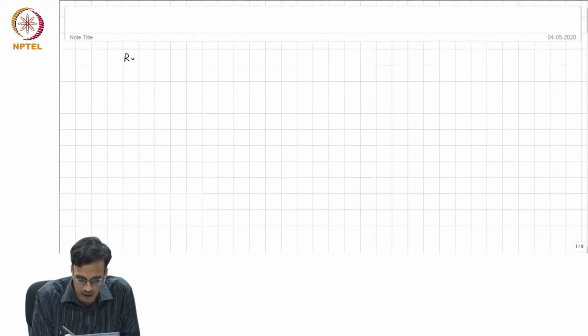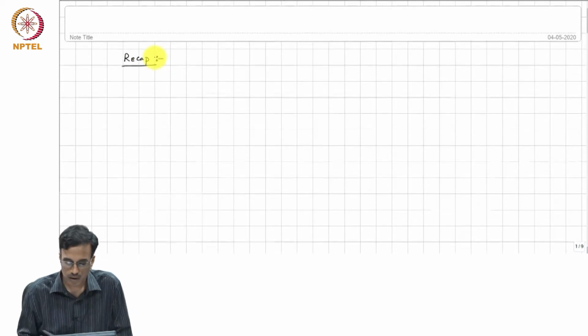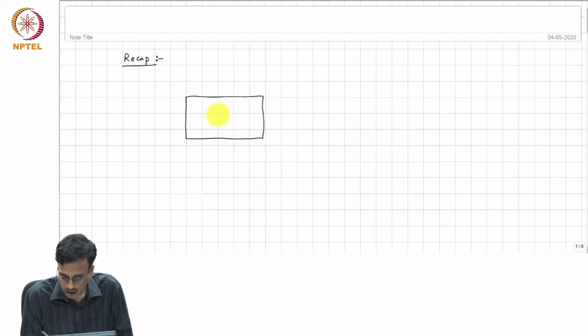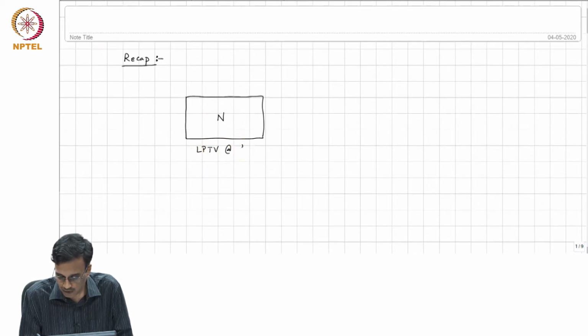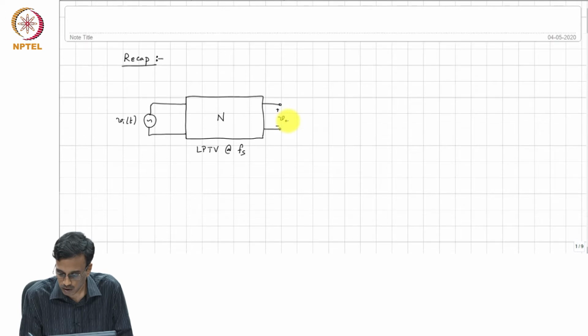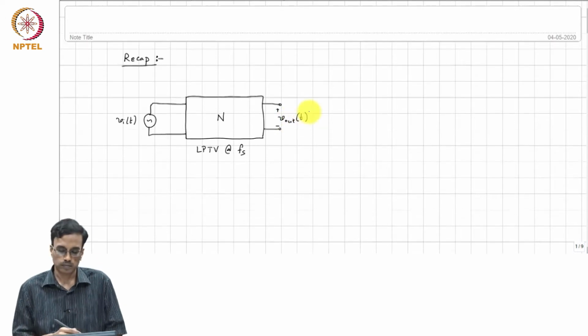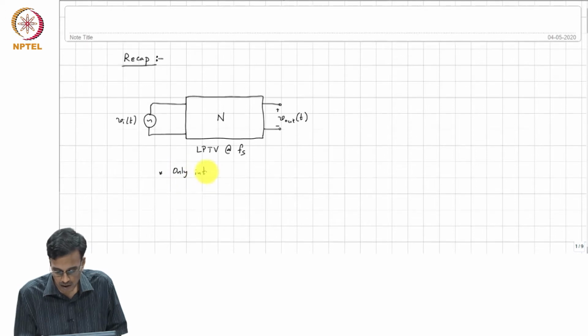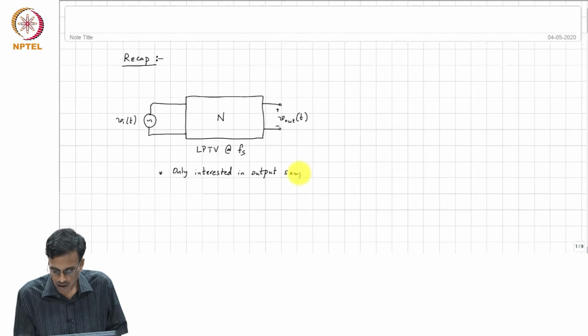A quick recap of what we were doing in the last class. We saw that if you take an LPTV network N, which is LPTV at Fs, and you excite it, say, with a voltage Vi of t, and look at the output V out of t, and let us say we are only interested in samples, in output samples V out of n comma Ts.